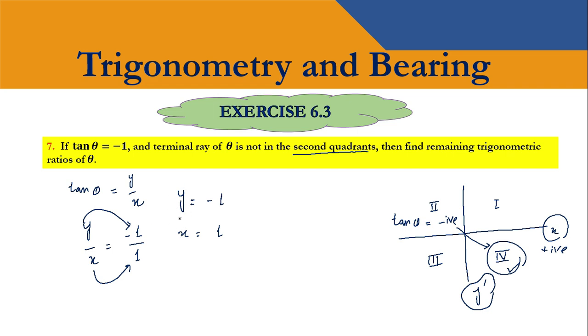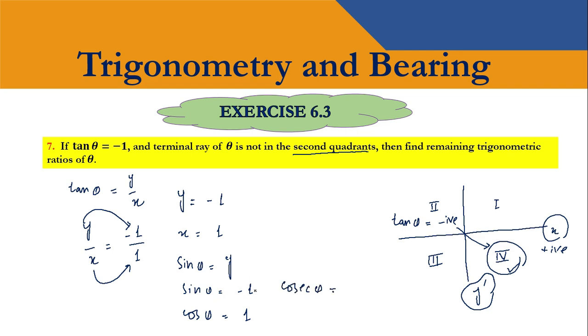As I get both of these values, I can get all the trigonometric ratios, because sine theta is equal to y, so sine theta is equal to negative 1, and cos theta is equal to x, which is equal to 1. The reciprocal of sine theta is cosecant theta.